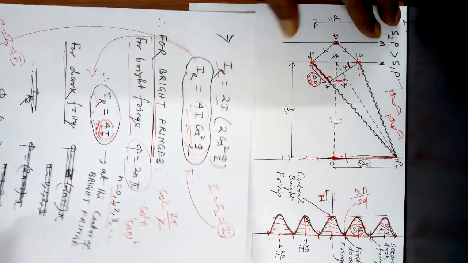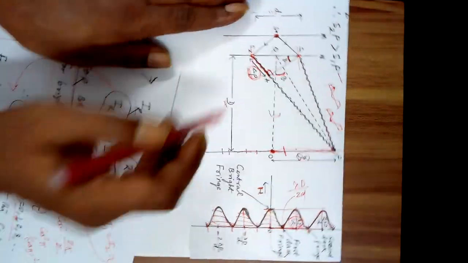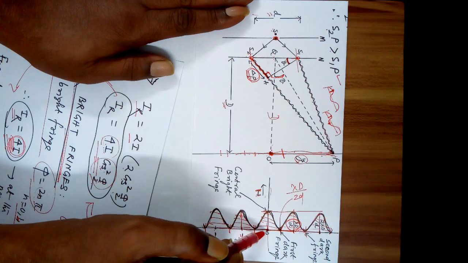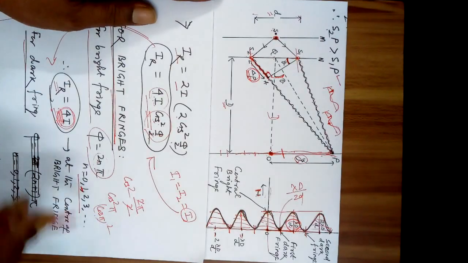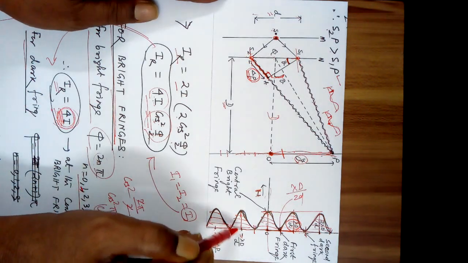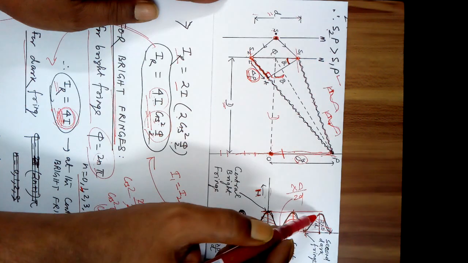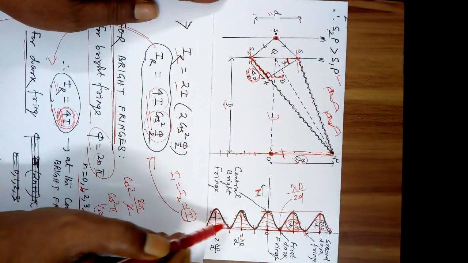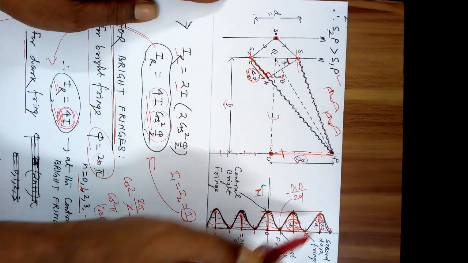Means if the intensity from here and here are equal, here this will correspond to intensity 4I, this will correspond to 4I, this is also 4I, here also 4I, and so on.